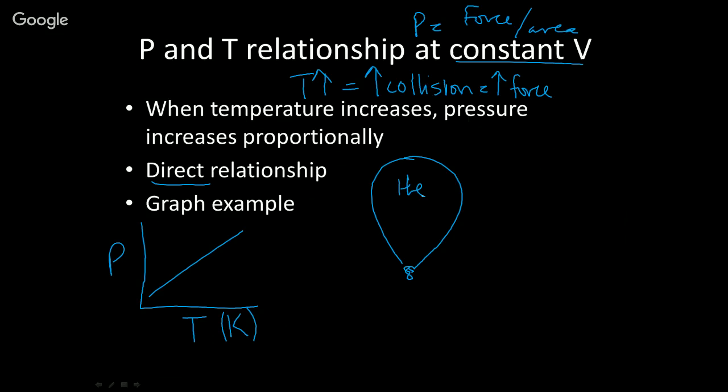So in this scenario, we know the volume does not change. So if we increase the temperature, then the particles are going to be moving faster throughout, and they're going to collide with the walls of the balloon on the inside and with each other and create more pressure because there's increased collision, increased force.